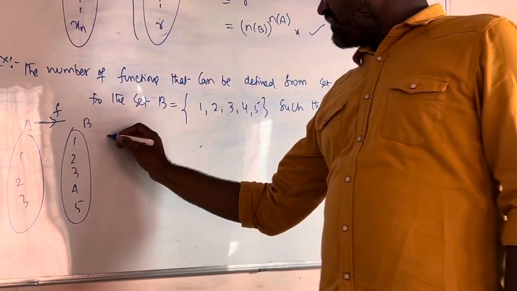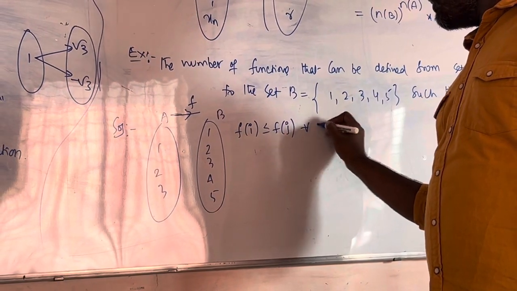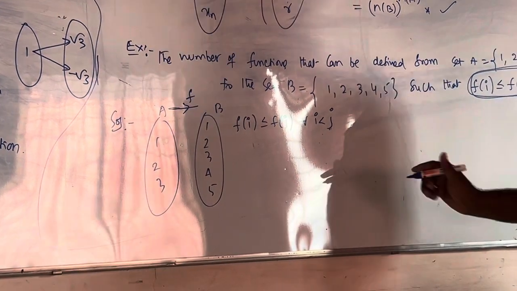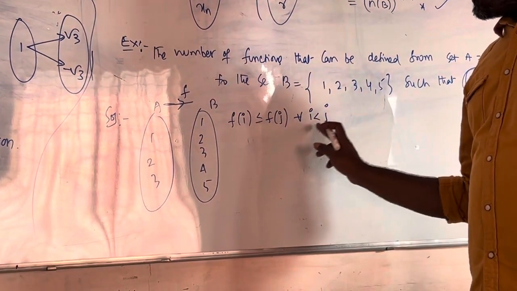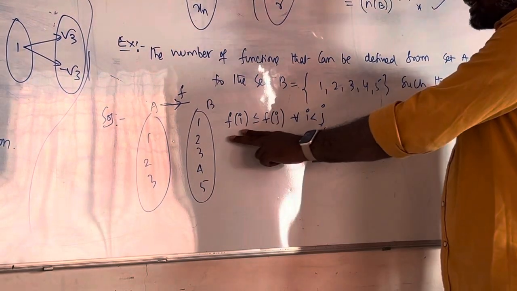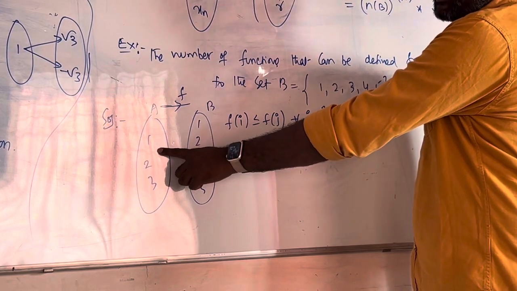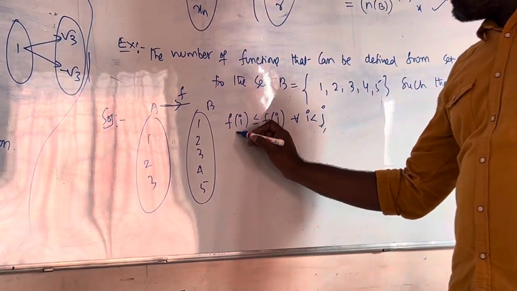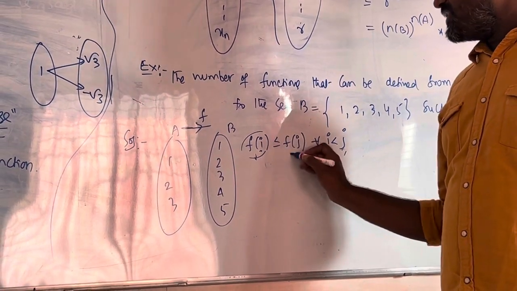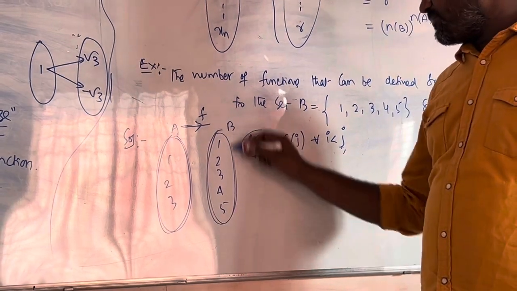The meaning of f(i) less than or equal to f(j) for all i less than j is, of course, that i and j belong to A, needless to mention, because f(i) and f(j) will be in set B, and i and j will be from set A. So f(i) is the image of element i. i and j are in the input domain, and f(i) and f(j) should be taken from set B.